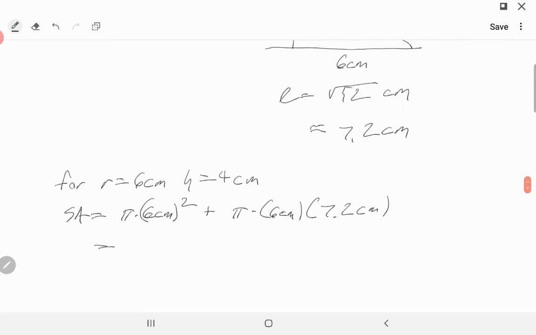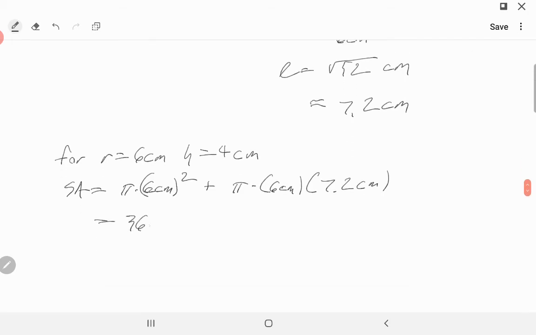And so we end up getting 36 pi square centimeters plus 43.2 pi square centimeters, and so we get 79.2 pi square centimeters.